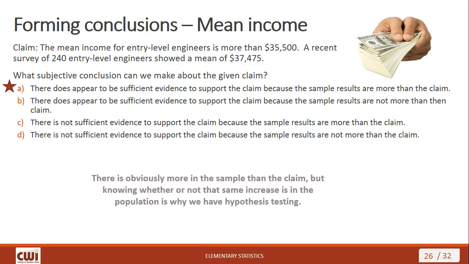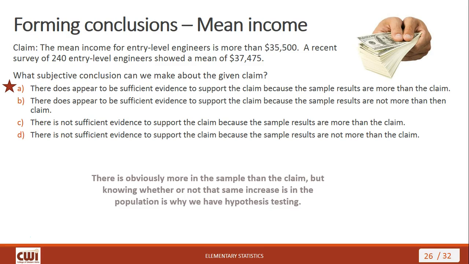Now, some may wonder, what is it that we're actually trying to do here? I mean, anyone can look at these numbers and see 37,475 is greater than 35,500. So why do we even need to run the hypothesis testing to begin with? Well, the purpose of a hypothesis testing is to make an inference about the population.